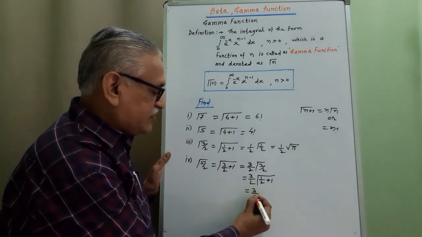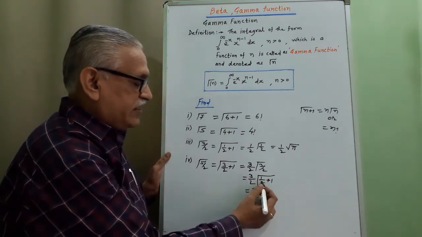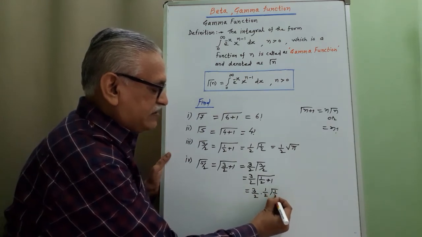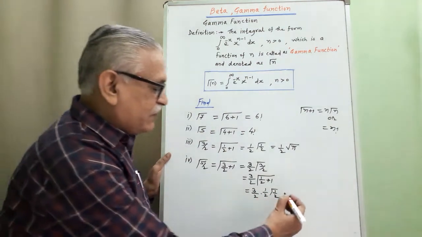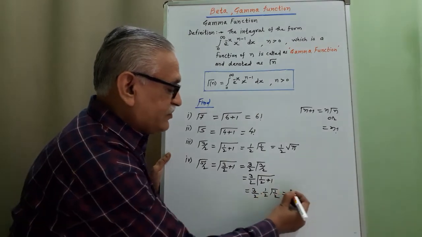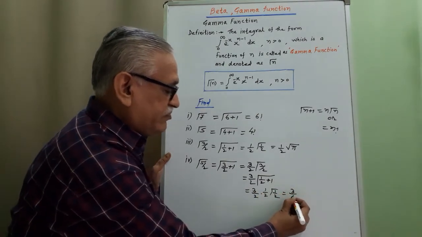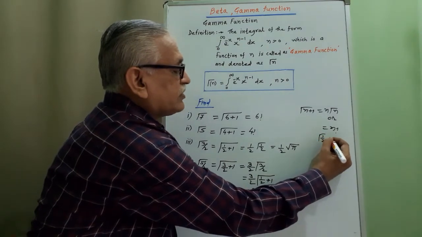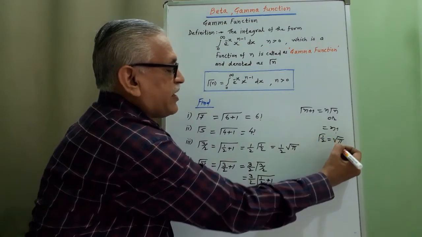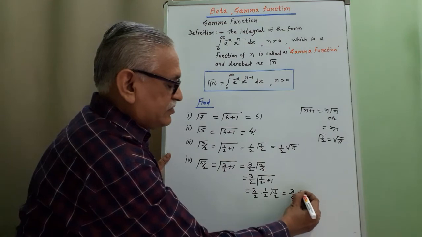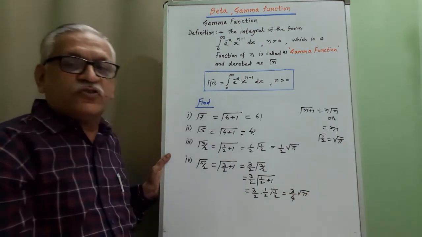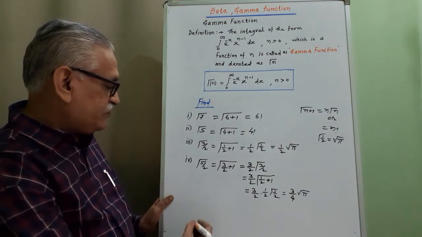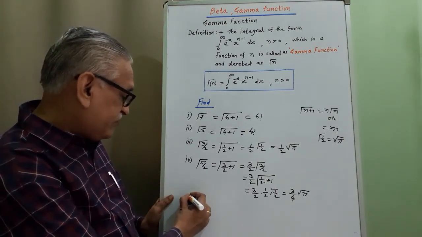So 3 by 2 stays as it is, then n is 1 by 2 and gamma 1 by 2 is gamma n. Then simplifying, this becomes 3 by 4, and the value of gamma 1 by 2 is root pi, and therefore 3 by 4 into root pi is the value of gamma 5 by 2.